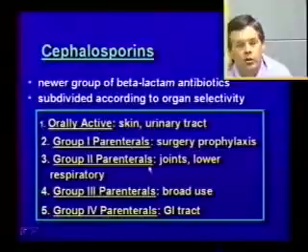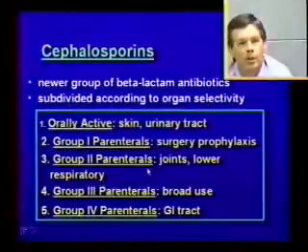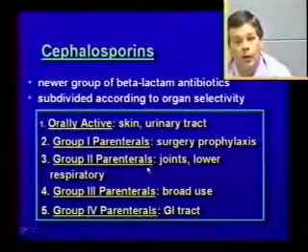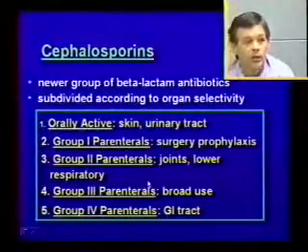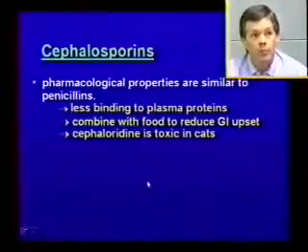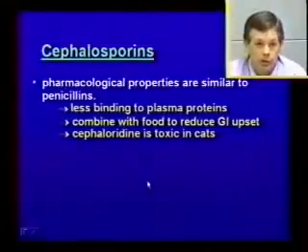These subdivisions, though, should not mislead you in any way. They all are agents that still share a common mechanism of action and generally share similar adverse effects across these classes of the various cephalosporins. Now, the properties of the cephalosporins are extremely similar to the penicillins.